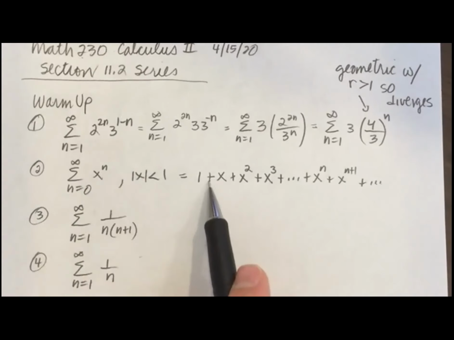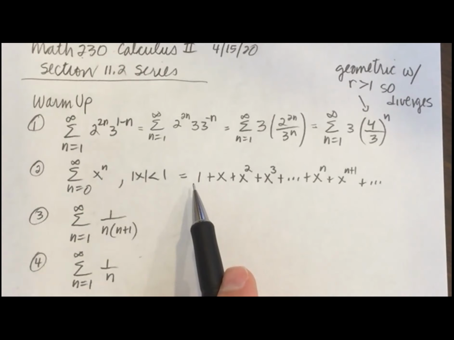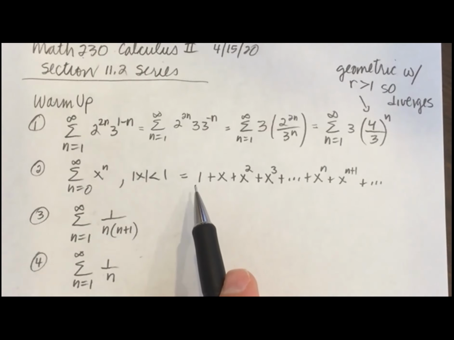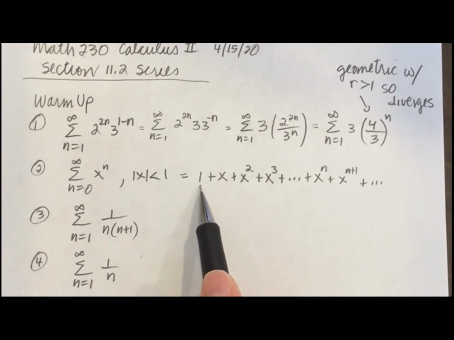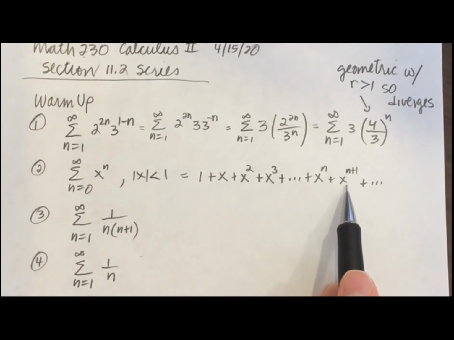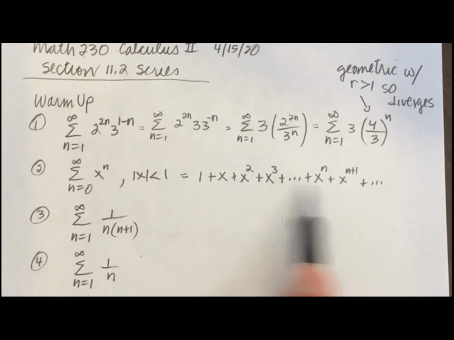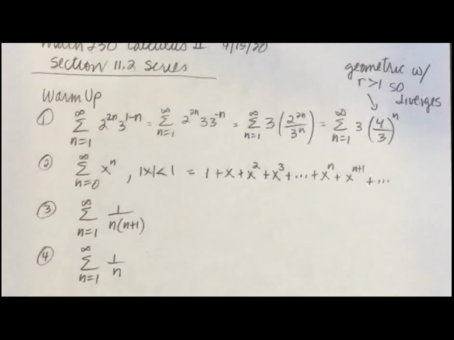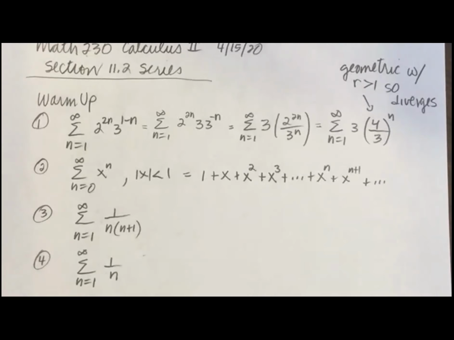X to the 0 is going to be 1. So even if x is 0, we have to define what 0 to the 0 means. And for us, we're going to use the definition that even 0 to the 0 is 1. So you get 1 for this term, but all the rest turn out to be 0. So the sum is going to be 1. It converges to 1 when x is 0.